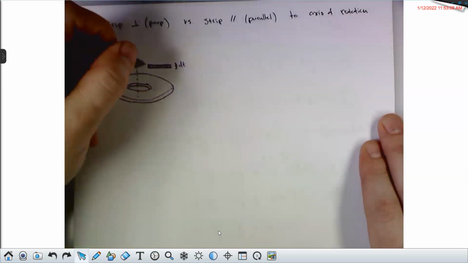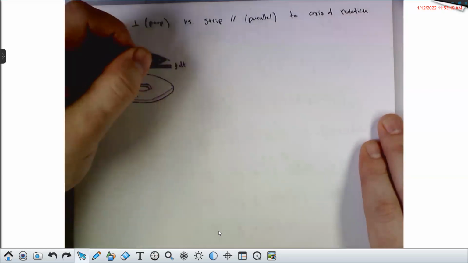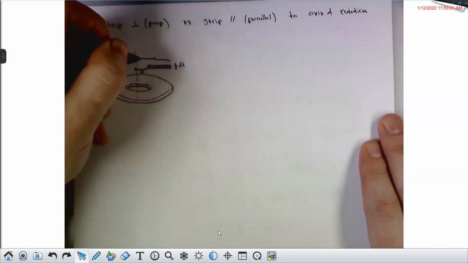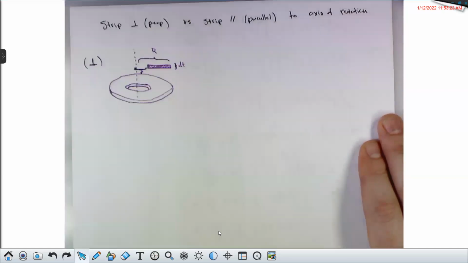This little distance in here is your inner radius, and this larger distance out here is your outer radius.